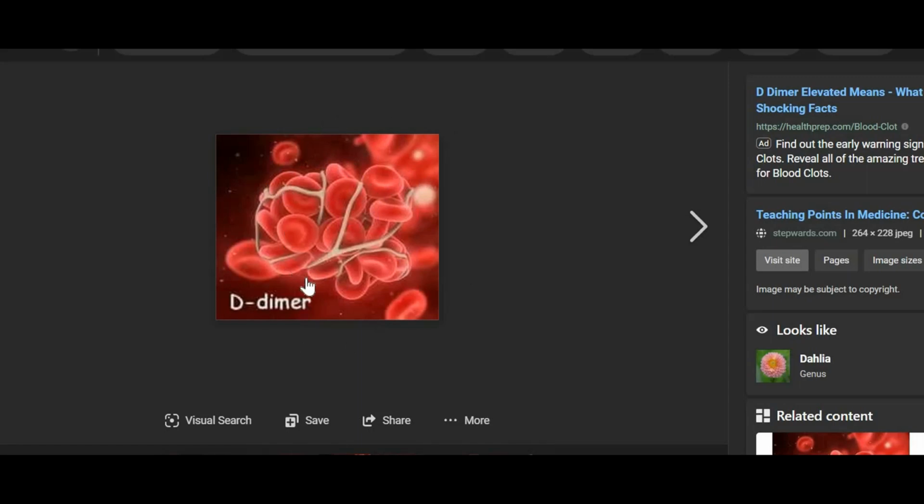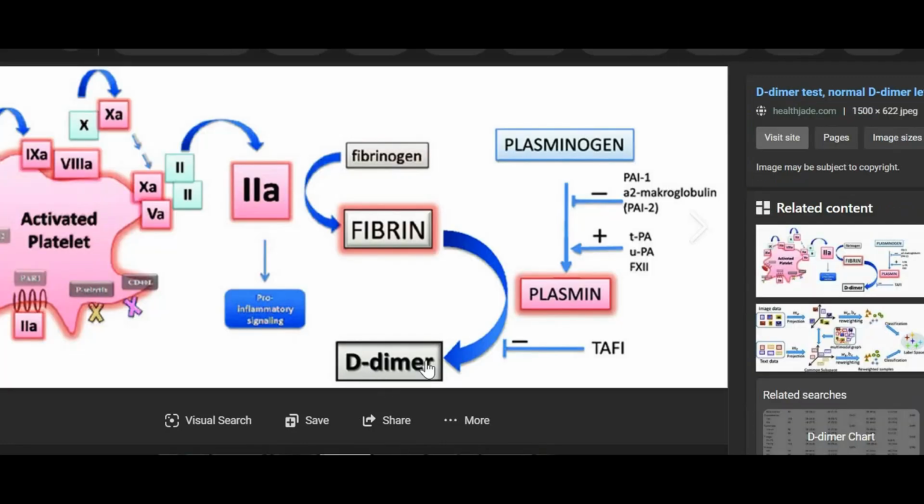Once the clot is formed and bleeding stops, the fibrin formation is followed by fibrinolysis, that means breakdown of this fibrin. And when fibrin breaks down, D-dimer is formed as a byproduct. So increased D-dimer level in the blood is due to the presence of a blood clot.